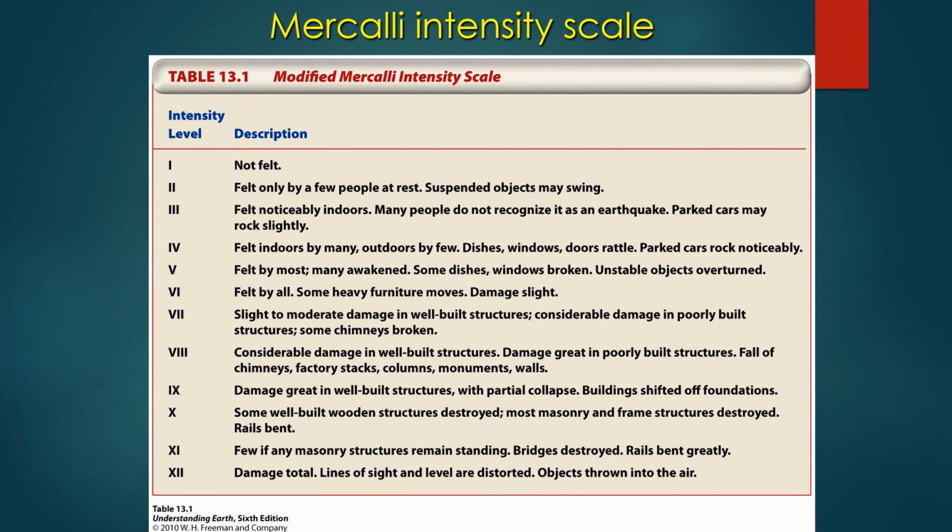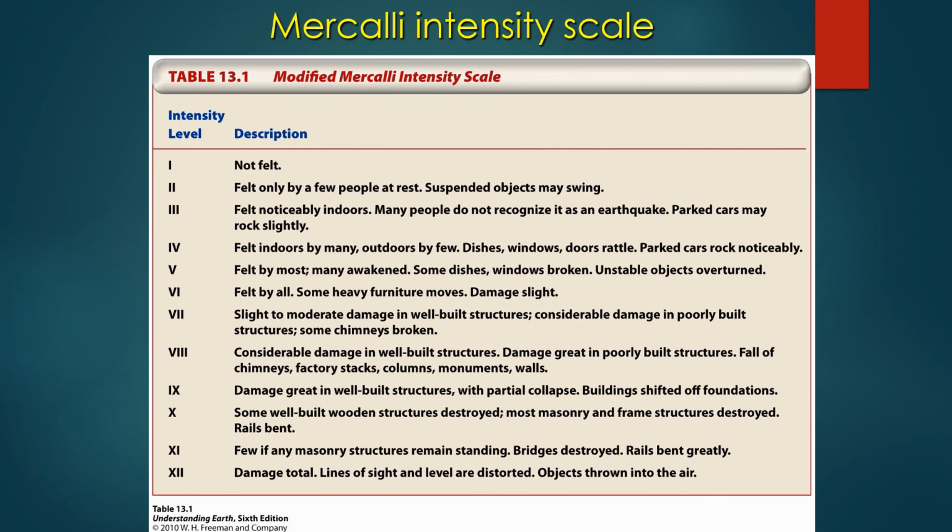Numbers at the upper end of the scale describe increasing amounts of damage. By making observations at many sites and interviewing many people who experienced the earthquake, seismologists can make maps showing contours of earthquake intensity.